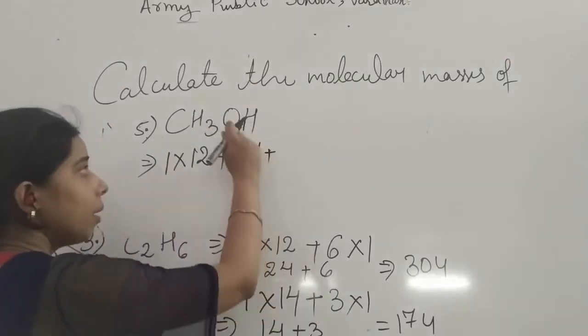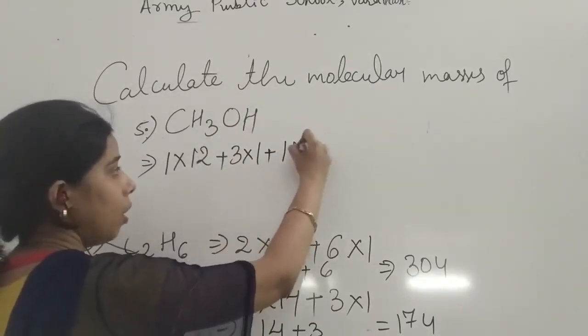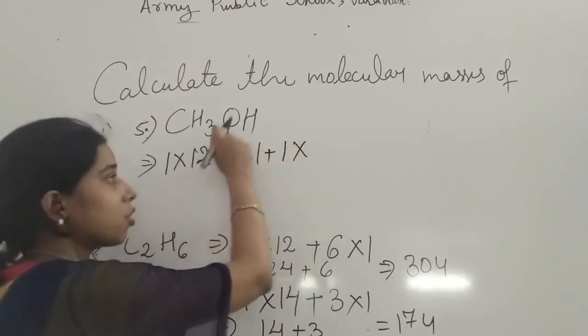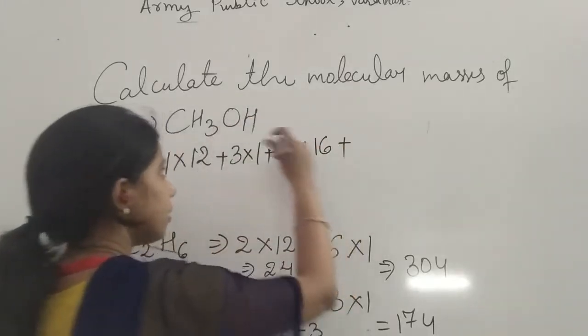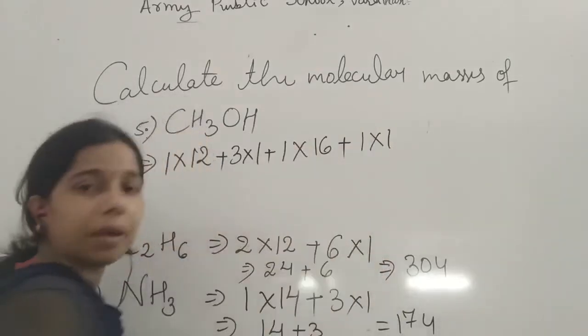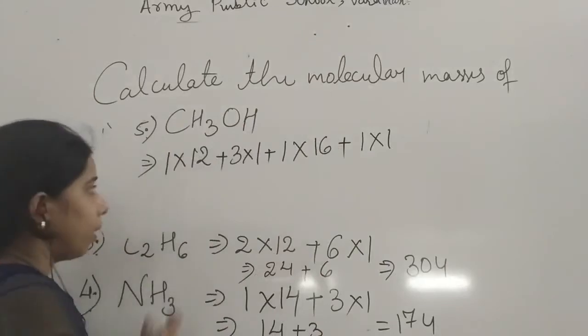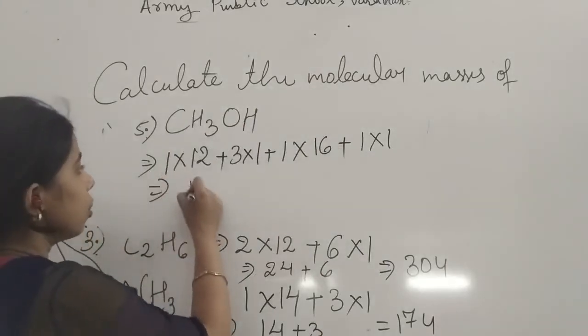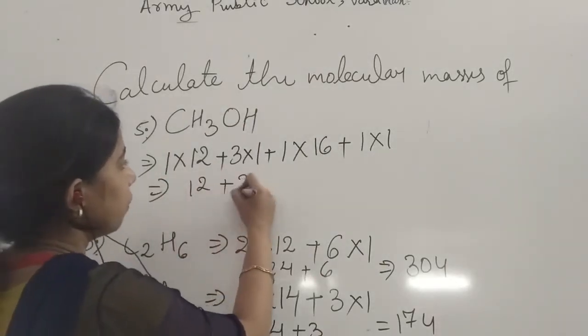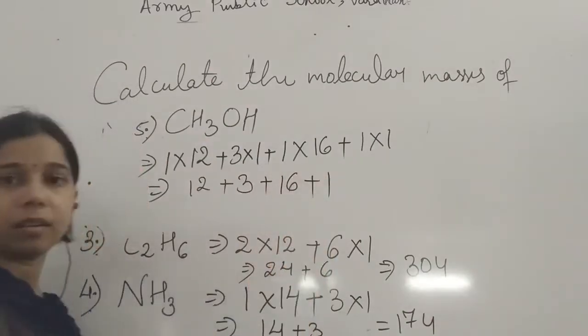OH is there. How many oxygen atoms are there? 1. What is the atomic mass of oxygen? 16 plus hydrogen, 1 into 1. Right? Only one hydrogen atom is there and the atomic mass is 1. So you can see here it will be 12 plus 3 plus 16 plus 1.